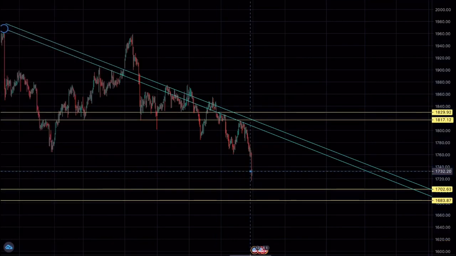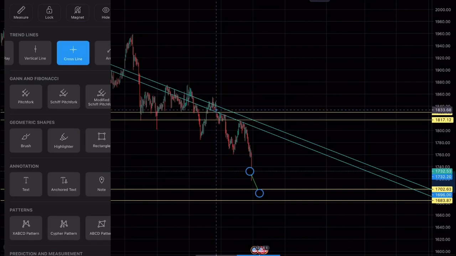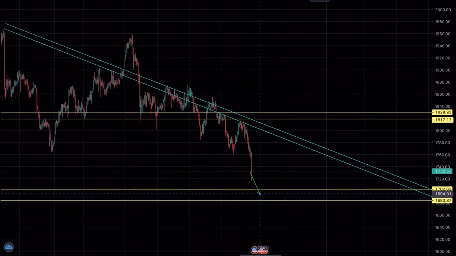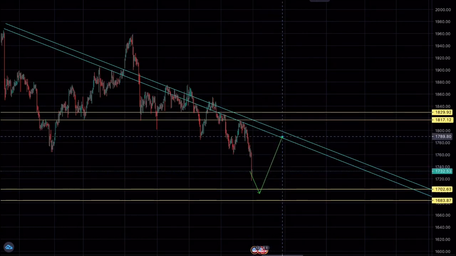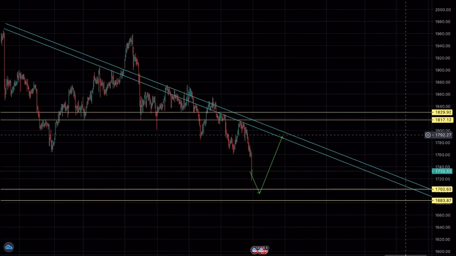So my expectation is that we can see a retest towards this particular support zone, and then a bounce back from it. In the video ahead, I will explain why this area is a major support zone, which is an area from around 1702 to around 1683.